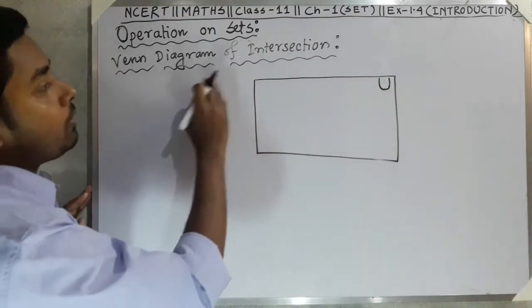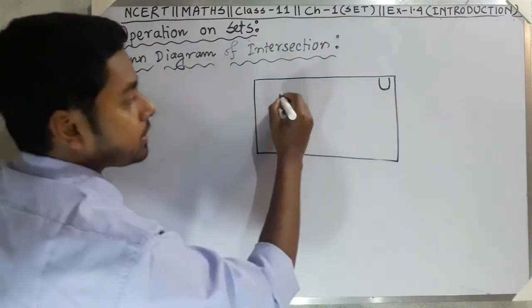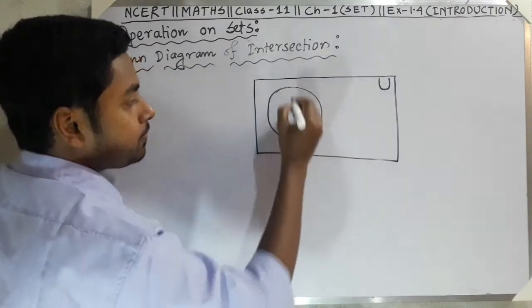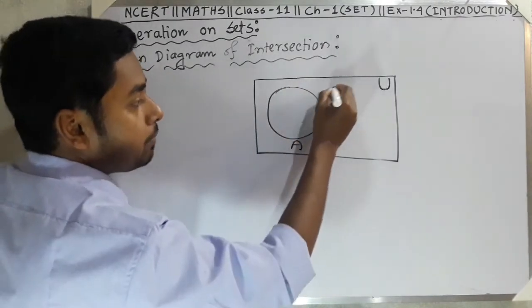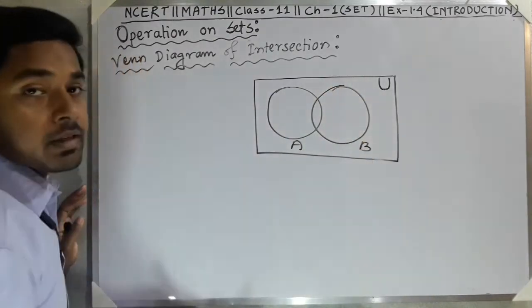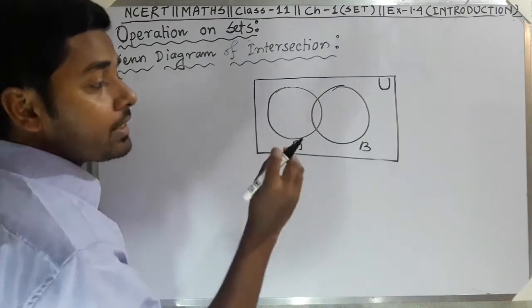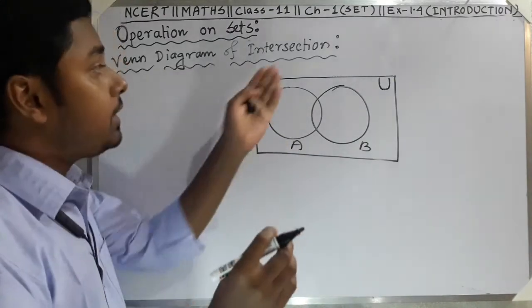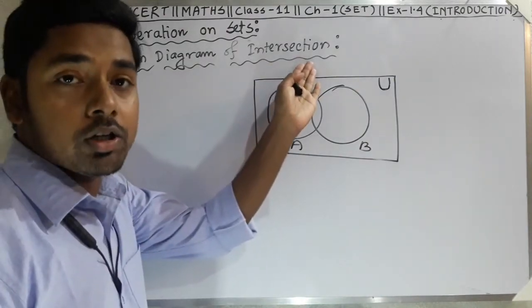Now intersection of two sets. Suppose A is a set and B is a set. Now A intersection B, what does that mean?